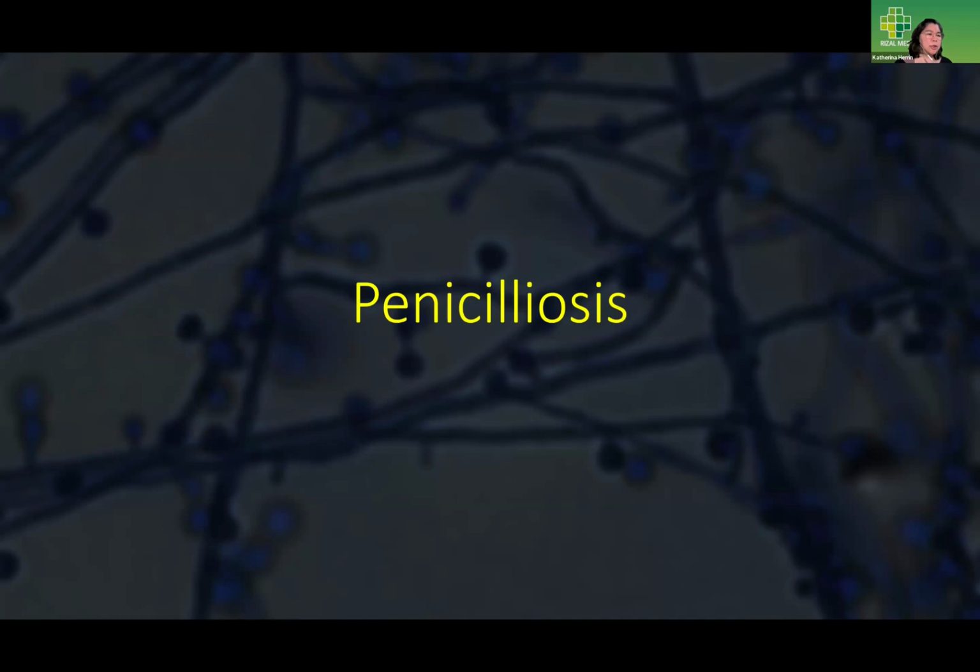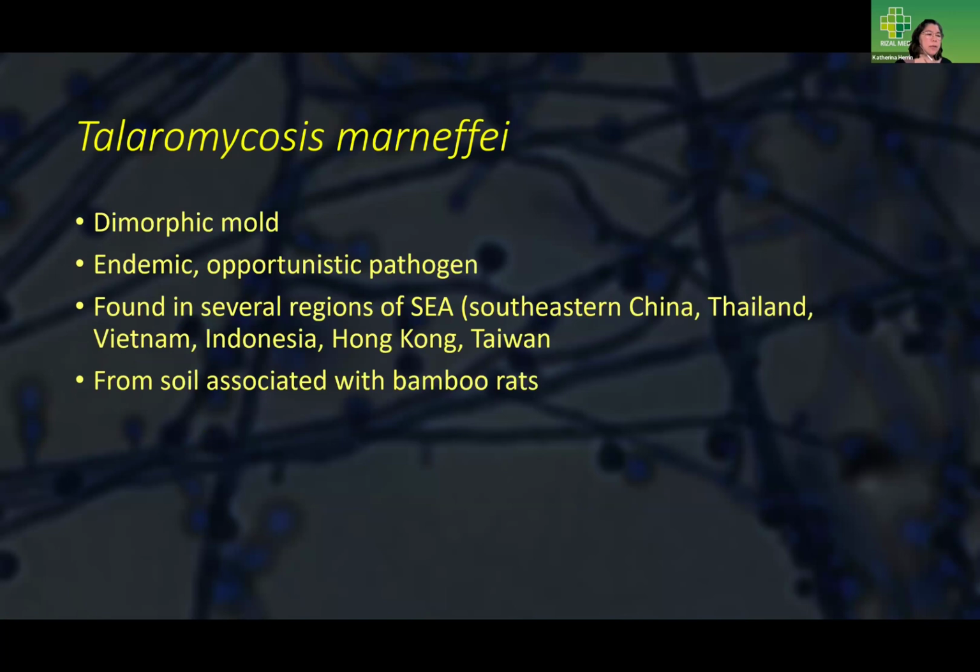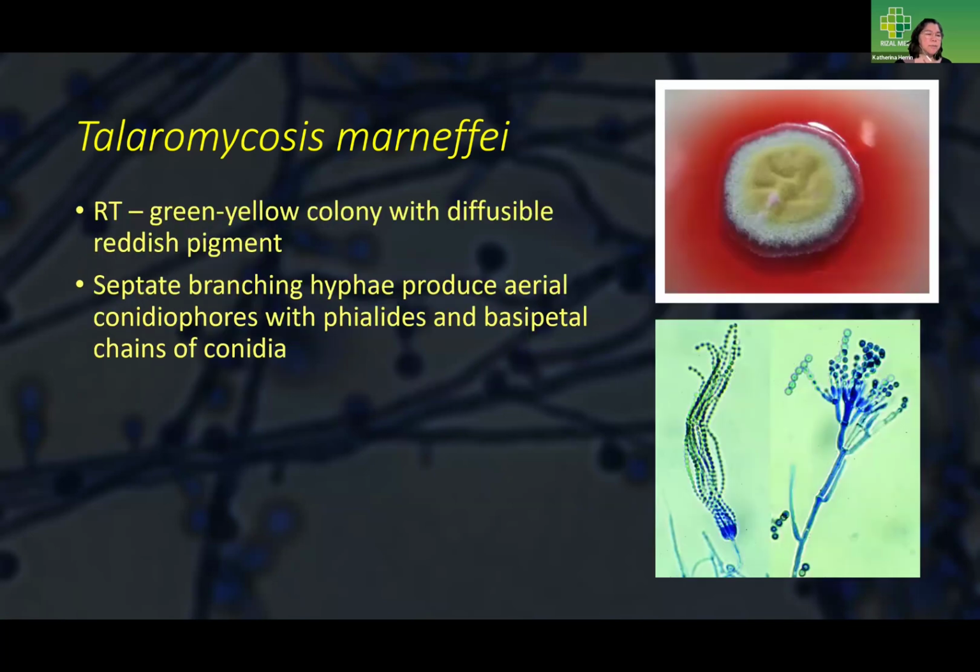Last among the opportunistic systemic mycoses is penicilliosis. Talaromyces marneffei is the dimorphic mold that causes penicilliosis, which was originally thought to be a species of Penicillium.